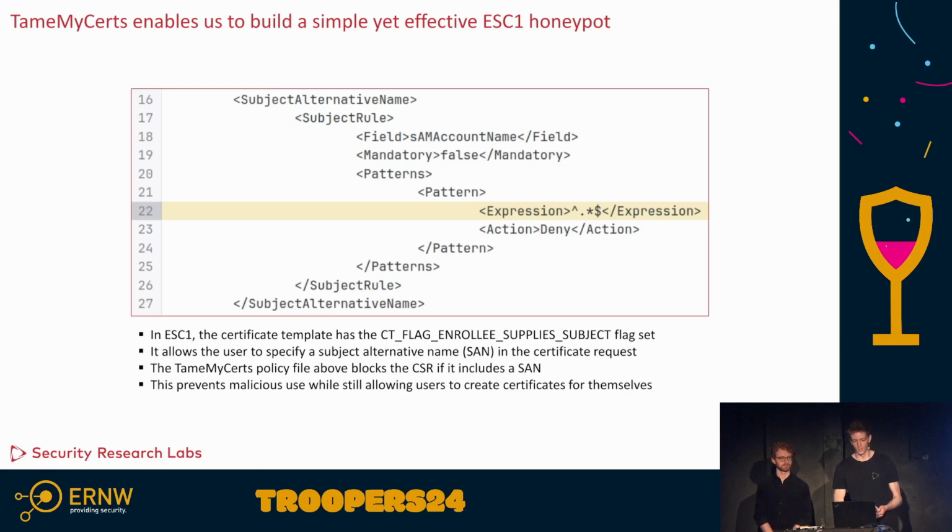And it's very easy to specify a policy in XML that would just deny all incoming certificate signing requests where the subject alternative name is set, thereby making it impossible to exploit ESC1 in this case, but still, to the attacker using tools like Certipy, it would look vulnerable.